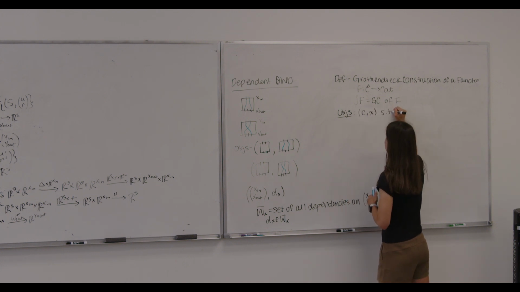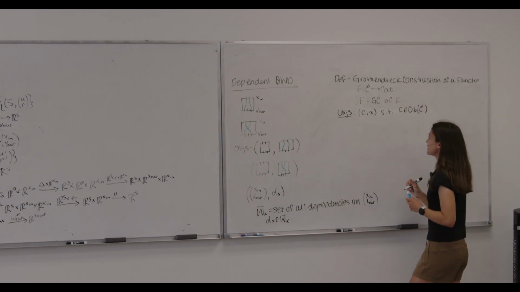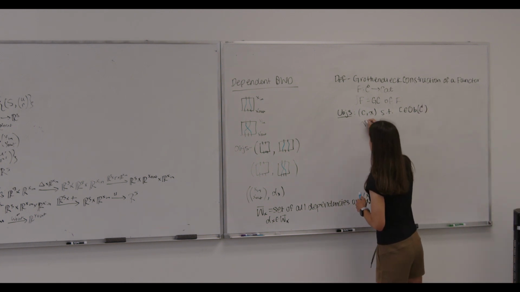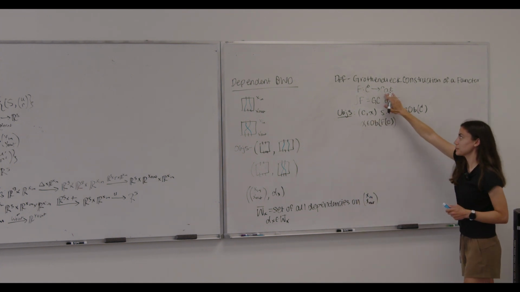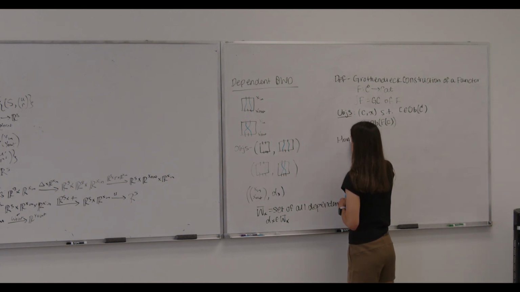Okay, such that C is an object in C, and X is an object of F of C, which is some category. And then these have morphisms.